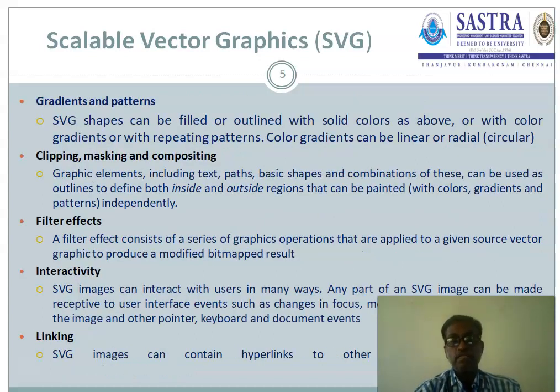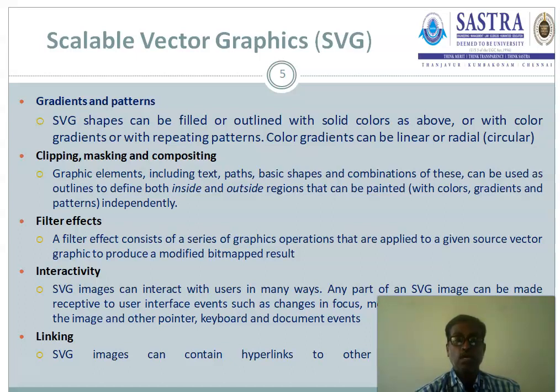And then gradients and patterns can also be applied. That may be linear or circular. With a linear gradient we get a straight line effect. With a circular gradient, either focus in or focus out, we get a circular effect in the SVG elements or images.